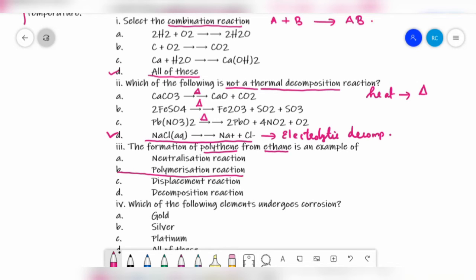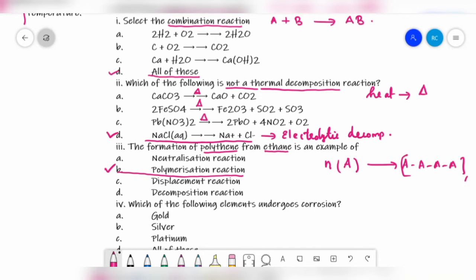What is a polymerization reaction? Polymerization means a single unit undergoes combination with many molecules together. For example, if you take a substance A, n number of molecules will combine together, a large number of molecules will combine together, and you will get a product like (A)n.